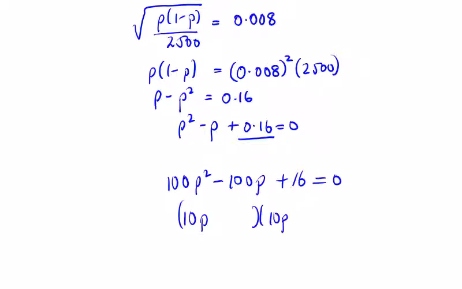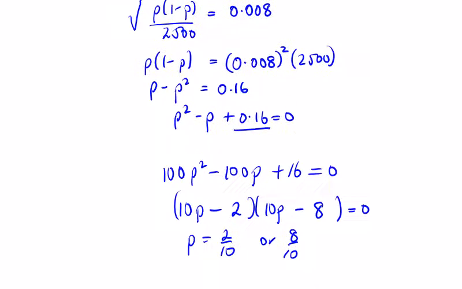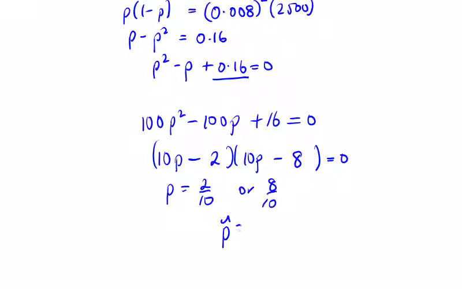If it's not, we could try 20 times 5. 16 is 8 by 2, and you can see 80 and 20 will give 100, so yeah, it does factorize easy enough. So p is equal to 2 over 10 or 8 over 10. I think we said it had to be between half and 1, didn't it? Yeah. So p hat in this case is equal to 0.8. So I'll do the second half of this question in the next video.